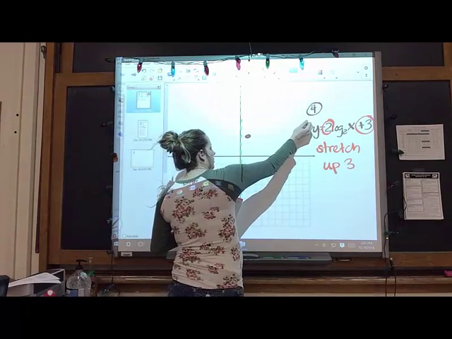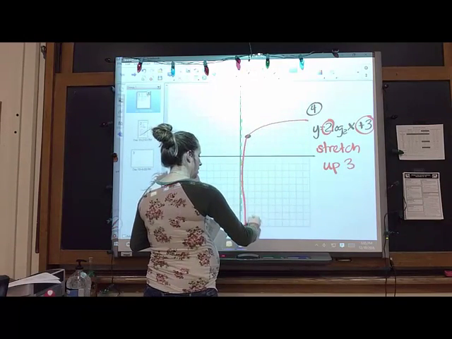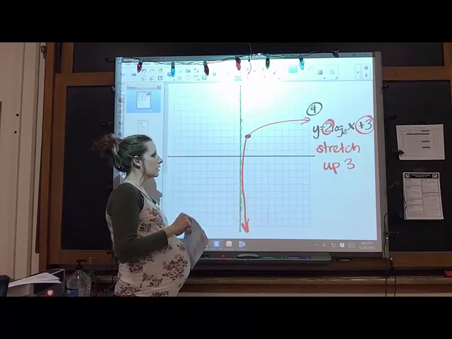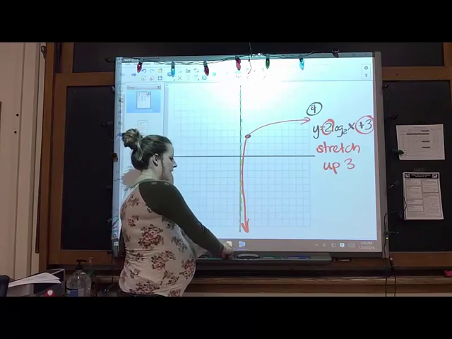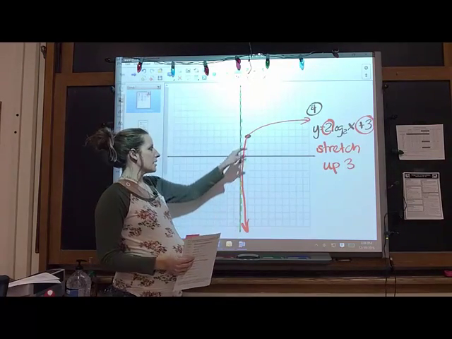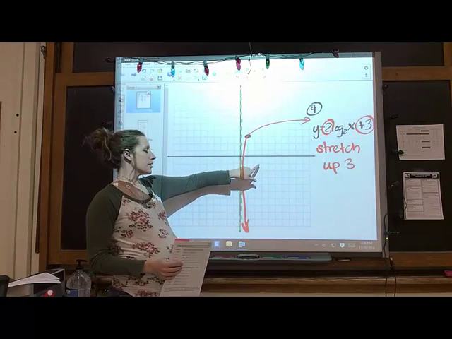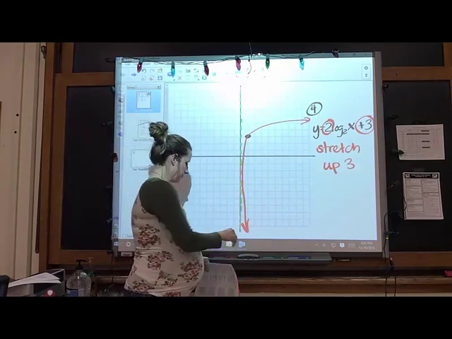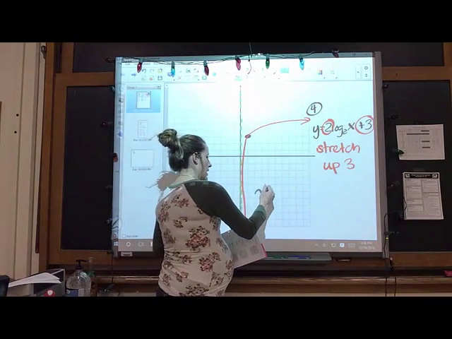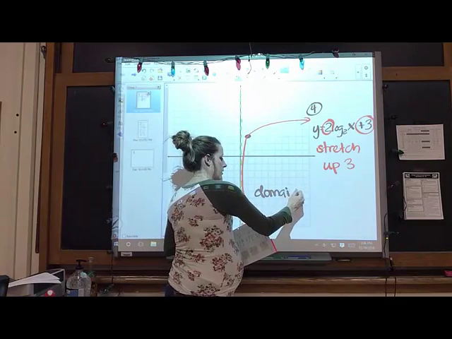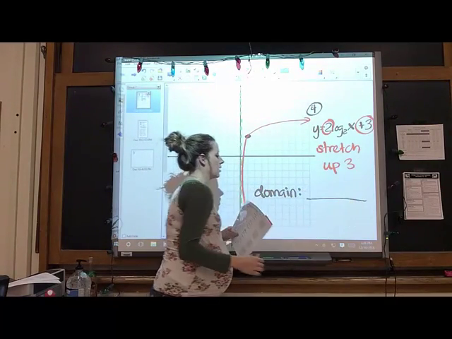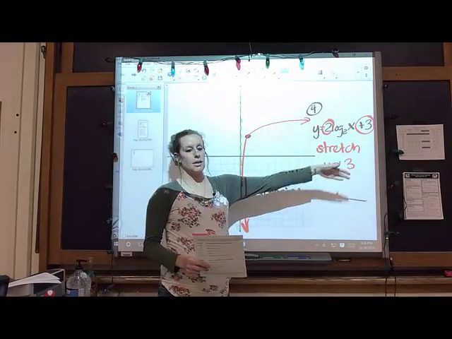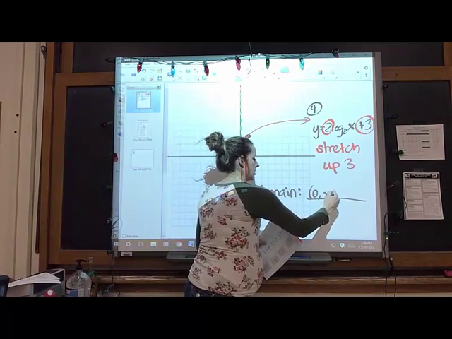And then draw your graph. You want it to be a little bit steeper because we are stretching it. But I do want to see your asymptote, and I do want to see that point at 1, 0. I want to see that you moved it up 3. All right, our domain for this function is going to be from 0 to infinity, and we're going to use parentheses.